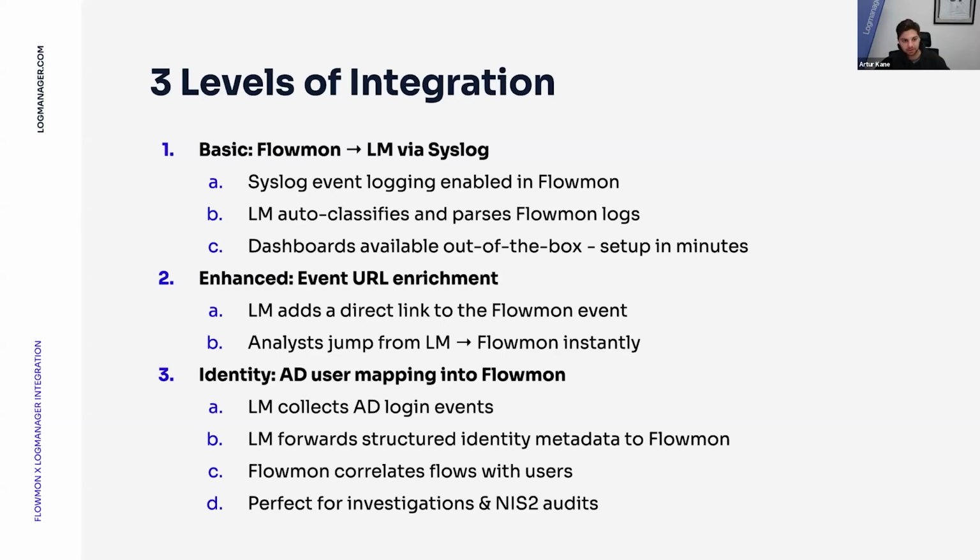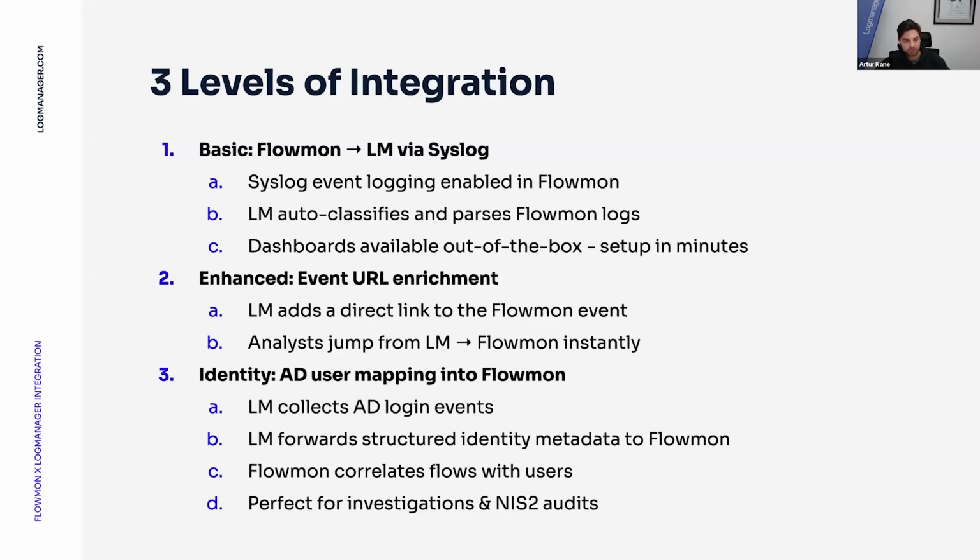The next layer of this integration is adding a URL to the event detail in Flowmon into the log stores in Log Manager. This might sound a bit confusing. We will show that it will make sense. And this helps analysts to go from Log Manager directly into the detail of the event in Flowmon to continue investigation if needed within the Flowmon user interface.